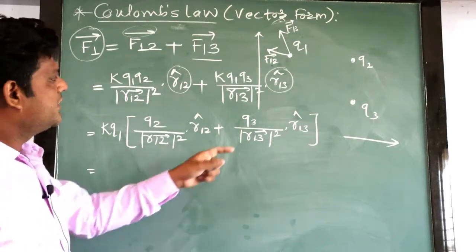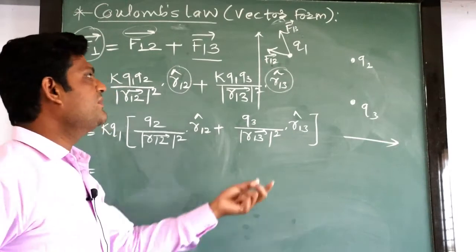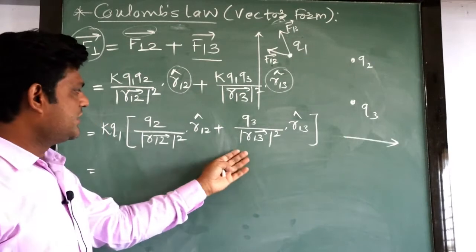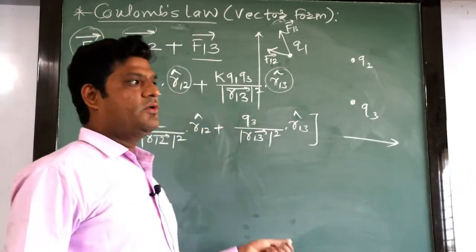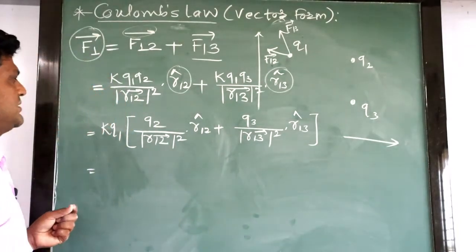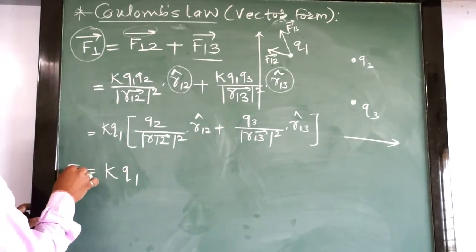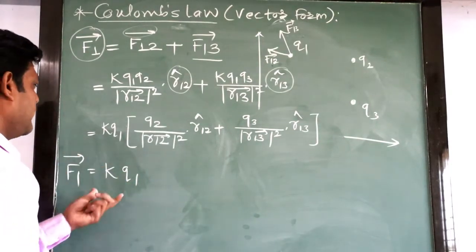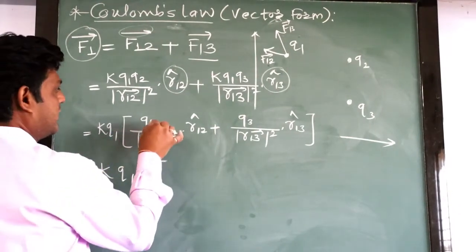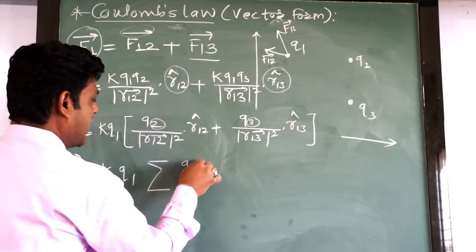If only 1, 2, 3 charges are there, then 2 terms are there. What happens if there are 4, 5 and n number of terms? Here the terms will increase. So with the help of mathematics, we can reduce these terms using the summation. So this is the force acting on the first charge particle, K Q1, using the sum. Here the terms Q2 and Q3 are varying, so we will write Qi.